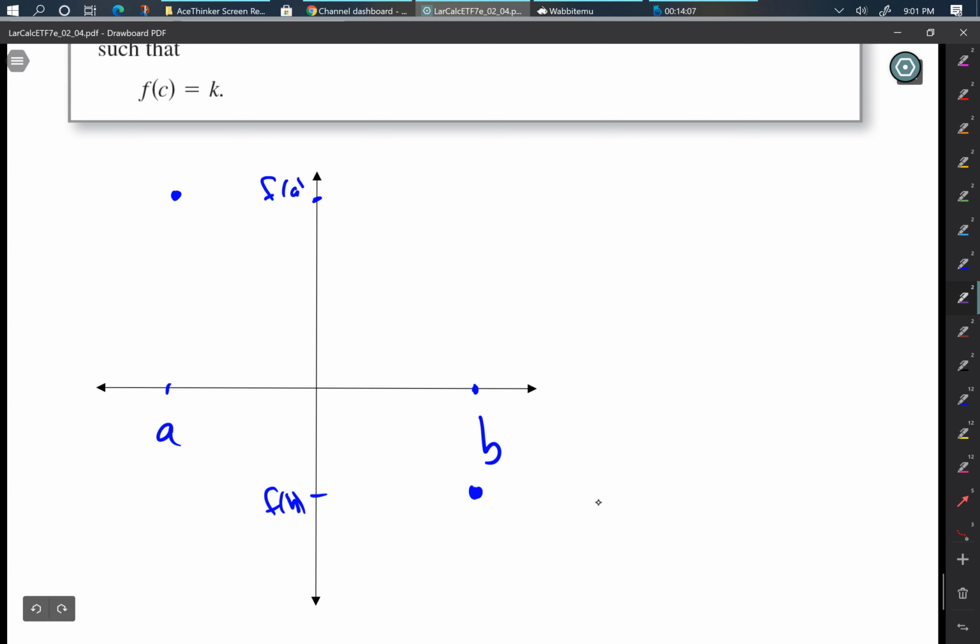And I don't have to, if I want, I could wiggle a whole bunch as long as I draw a function. And now if I pick a k, like say this one right here, now there's three values, a c1, a c2, and a c3, where all of those would give me the same k value.